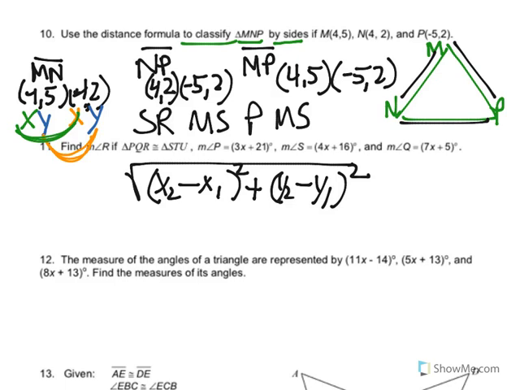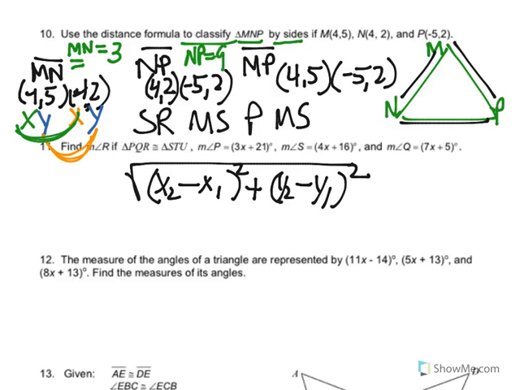So if you go through all of that, you will find out that MN equals, and we should write it like this without the line on top of it when we're doing a measurement, 3. NP is equal to 9.